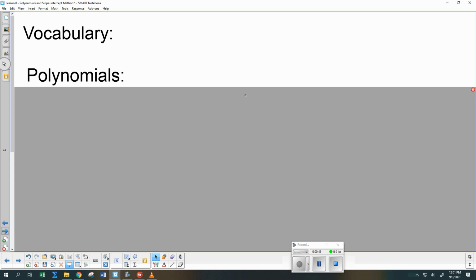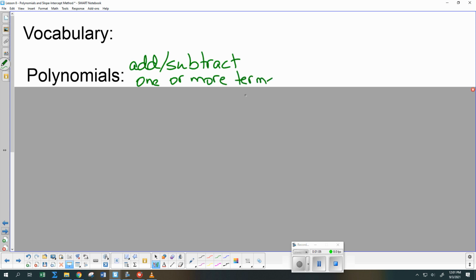polynomials are just things where we have one or more terms that we add or subtract. One or more terms. So we might just say 3x squared.